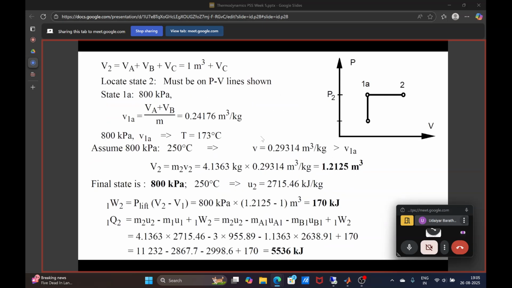We found the internal energy for the two phase case, which is 955.89, minus the mass in tank B, which is 1.1363, multiplied by the internal energy in tank B, which is 2638.91, plus the work done, which is 170. So the heat transfer will be 5536 kilojoules. So that is the total heat being transferred to the system.